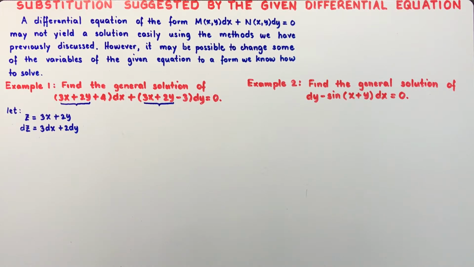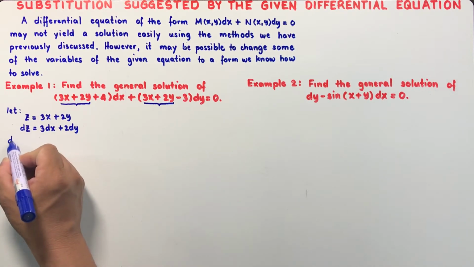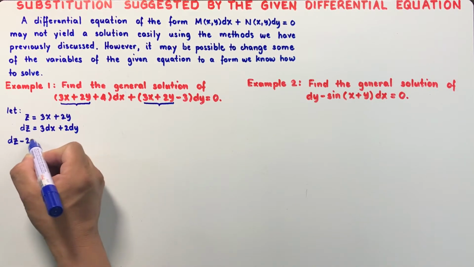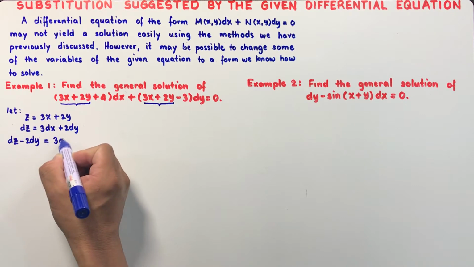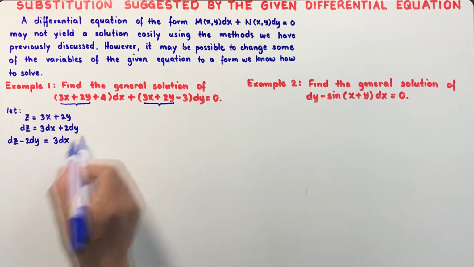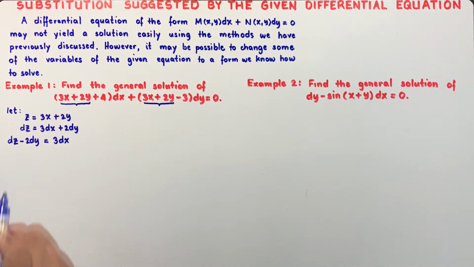Now, suppose we solve for dx. What you will do is subtract both sides of the equation by 2 dy. So we have dz minus 2 dy equal to 3 dx. The 2 dy at the right is cancelled, but I have the minus 2 dy at the left.